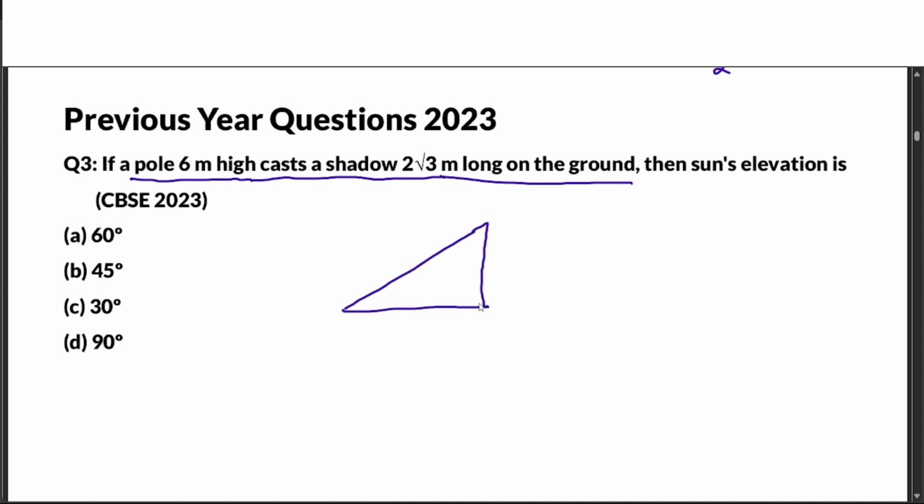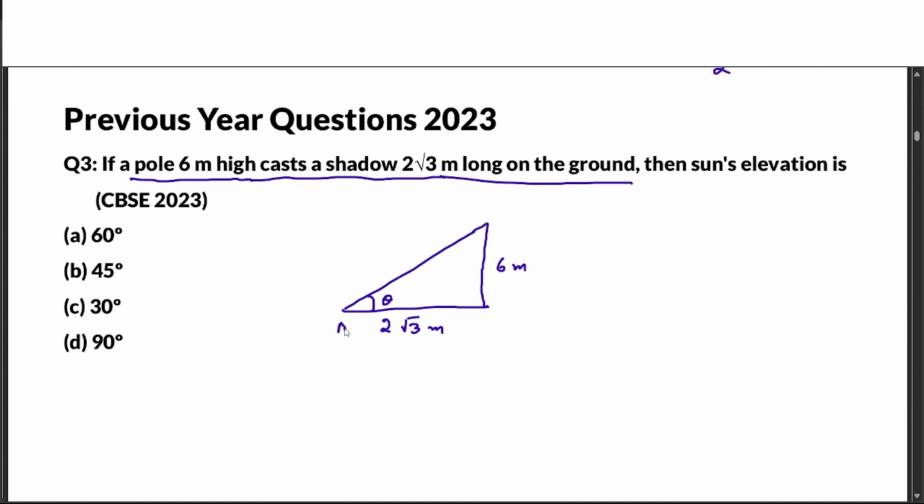So here you can see this is our triangle. The pole is 6 meter long, and its shadow is 2√3 meter. Now after that we have to find this elevation angle, that is theta.